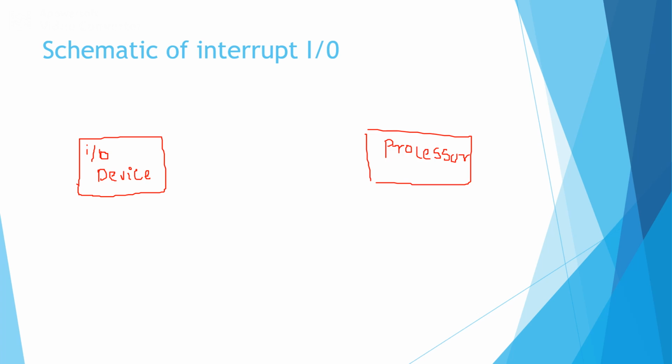So the interrupt devices, that is the IO devices, can request the processor, that is the interrupt request.